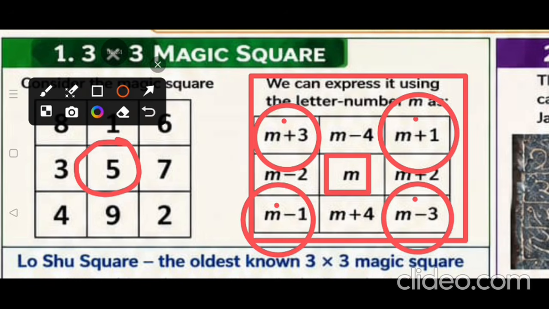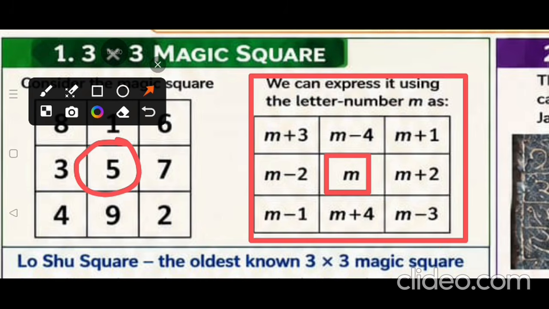Same, in the middle column, this is m minus 4 and then m plus 4. And the middle row numbers are m minus 2 on the left middle and m plus 2 on the right middle.